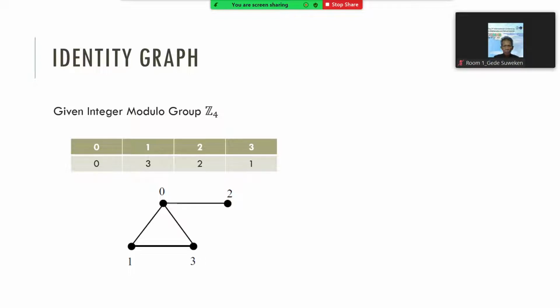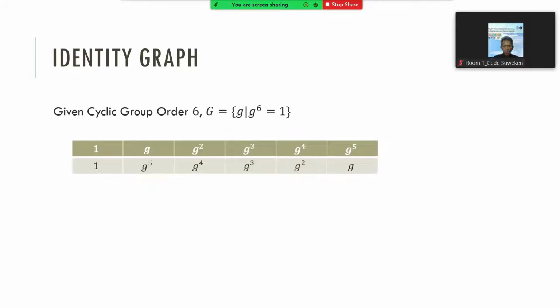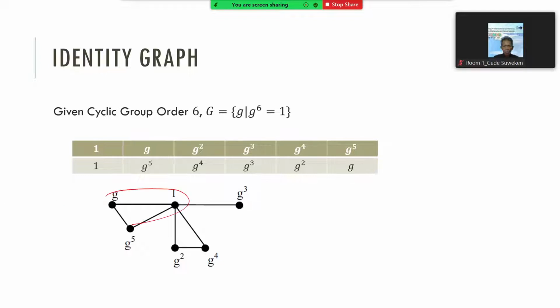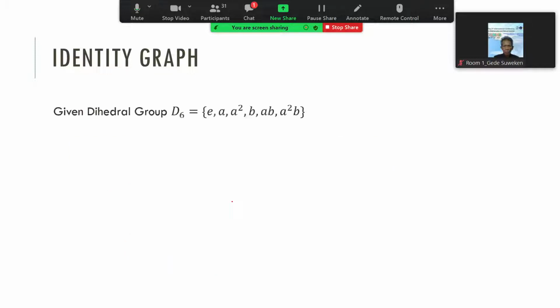Here is another example, the cyclic group of order 6. We have this identity graph. You can see that we have 2 triangles and 1 line. This is the first triangle, this is the second, and this is the line. This is important.